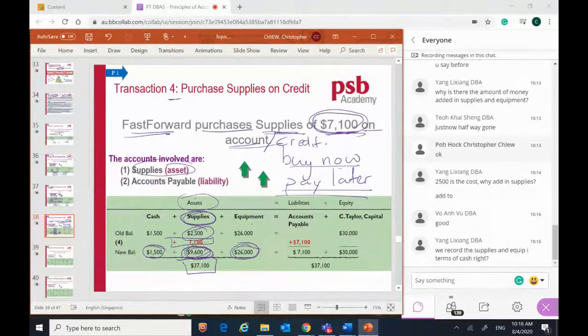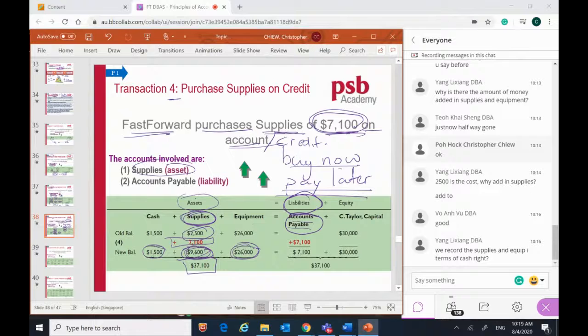Now on the right hand side, we now have a new liability. We owe somebody money. Now, the name of this liability is called accounts payable. So now, what is accounts payable? As the name suggests, accounts payable means it is an account that you are supposed to pay but have not paid yet.